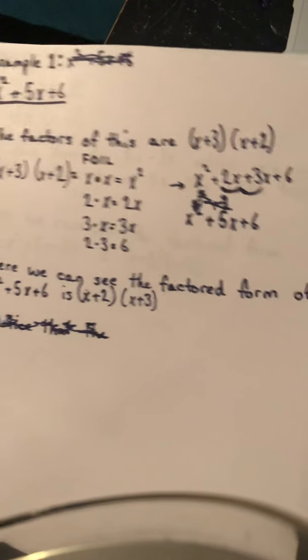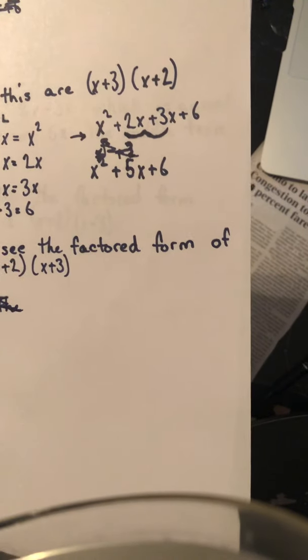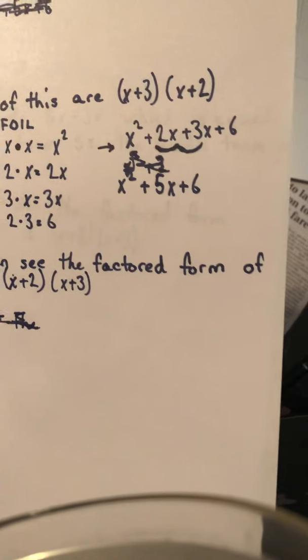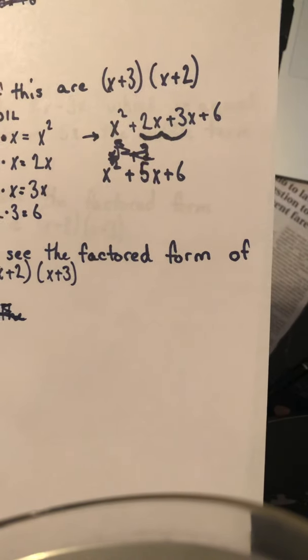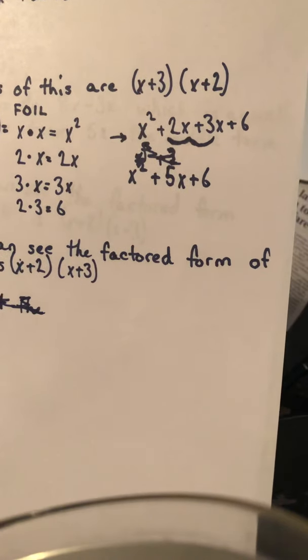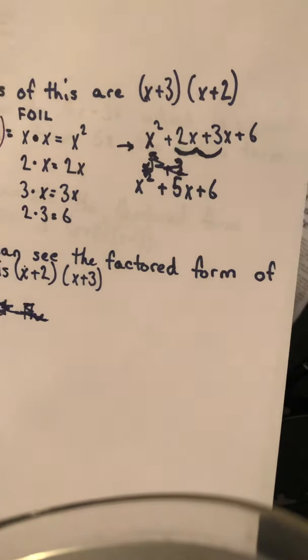This leaves you with x squared plus 2x plus 3x plus 6. Then you combine like terms, which leaves you with x squared plus 5x plus 6, which is the original trinomial.